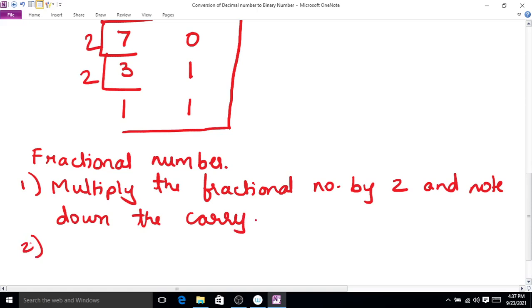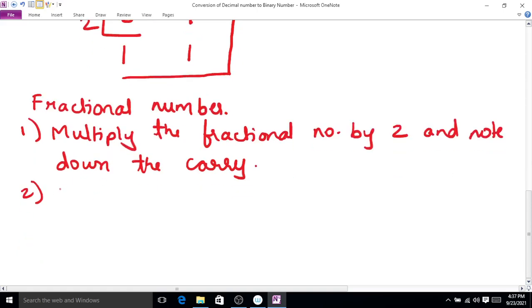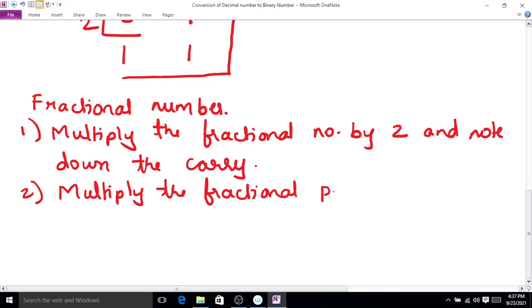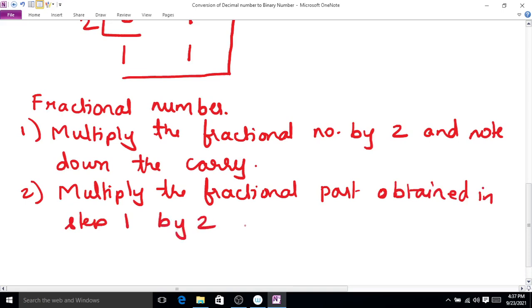Again second step, multiply the fractional part obtained in step 1 by 2 and note down the carry.